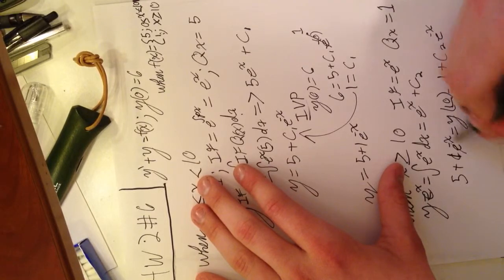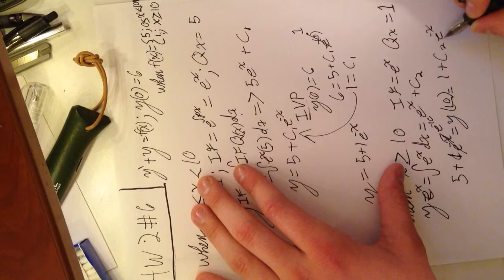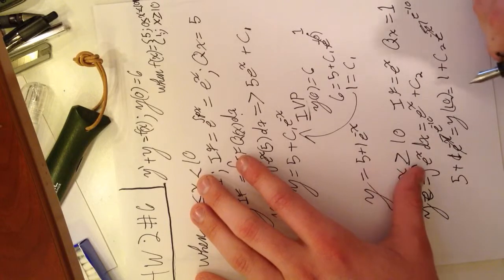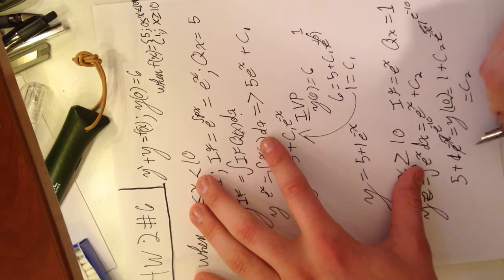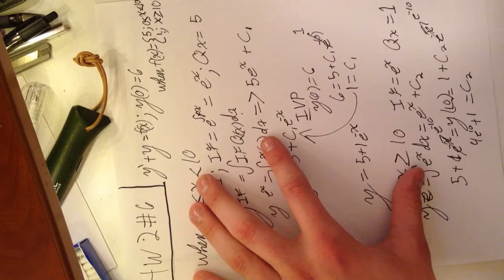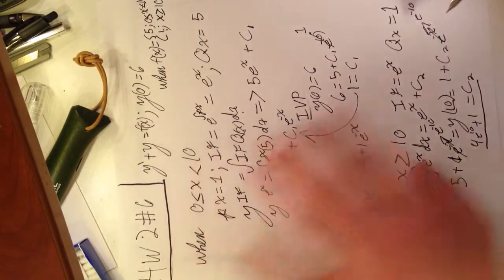So we rewrite this with e to the negative 10, and the same here, e to the negative 10. Now, when we solve for c2, it is going to give us 4e to the 10th power plus 1. Now we have solved for c2. That is our c2 value.